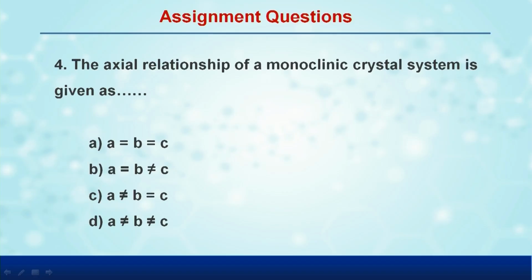Now, the fourth question, the axial relationship of a monoclinic crystal system is given as.